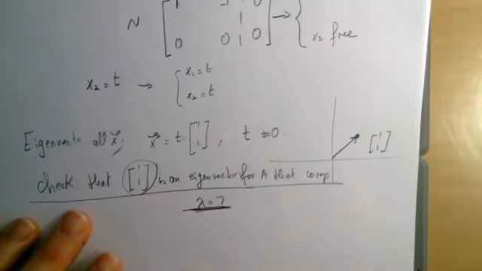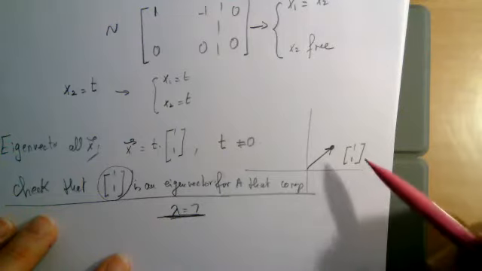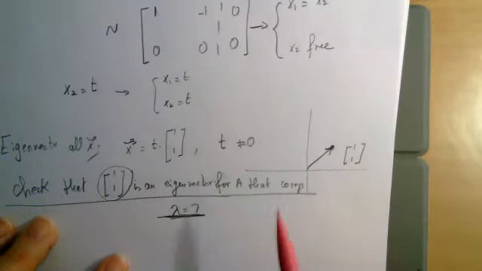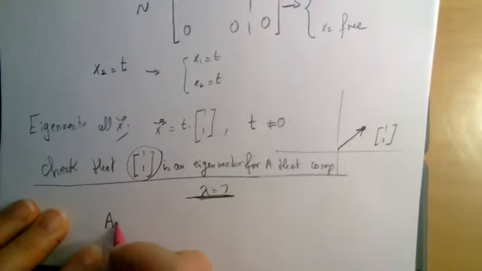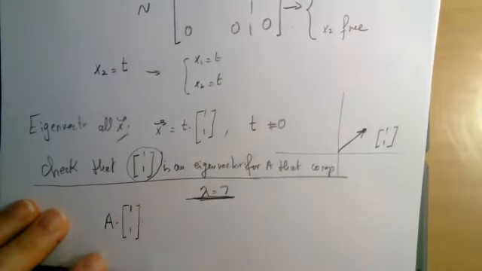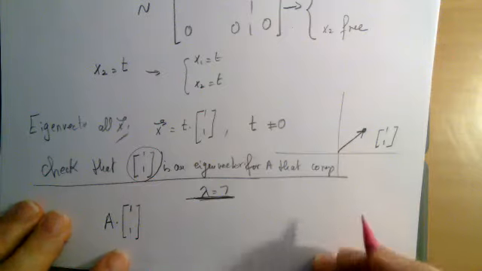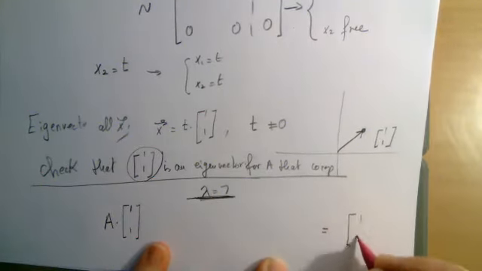What's the property of eigenvectors? They are specific vectors that A acts on in a very specific way. It stretches them. So if I want to check that this is an eigenvector, I have to take the matrix A and multiply it by that vector, and I have to convince you that what A does to it is stretch it.